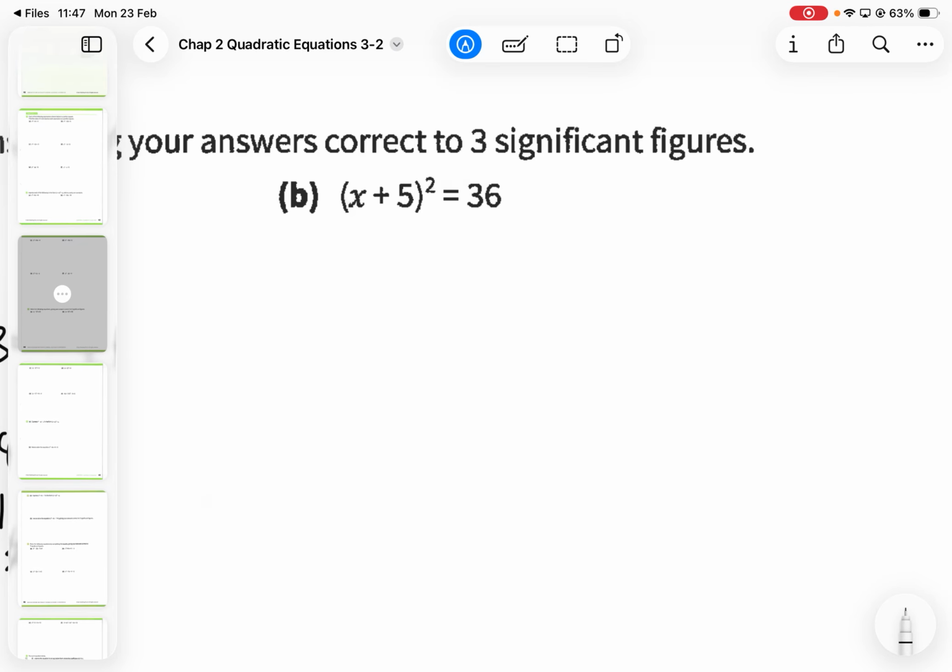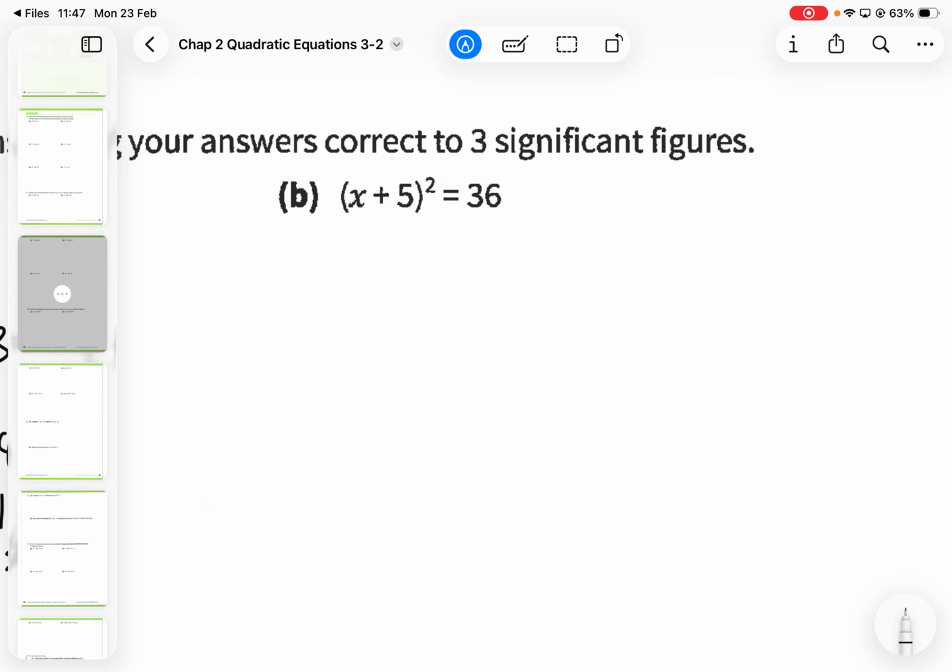Okay, Ken. Okay, it is actually very simple one. You just need to take square root on both sides. Then the square root on the left will cancel away the square. Then the square root on the right, you just square root 36 lor.